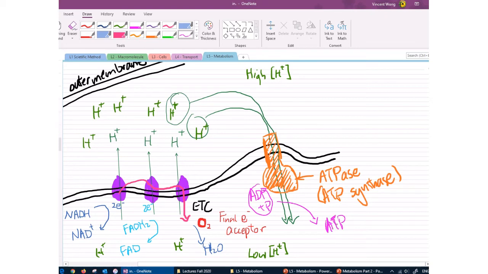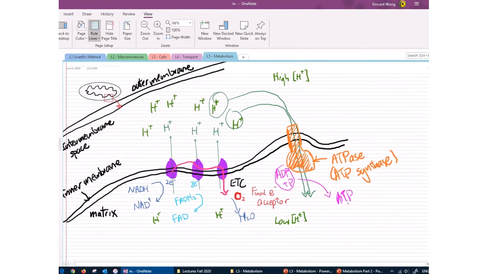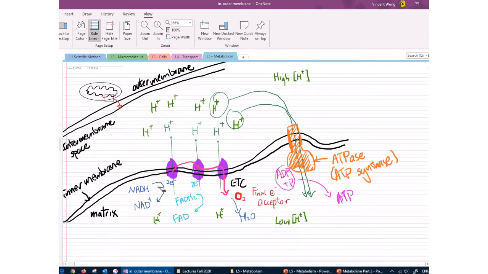So how many ATPs are you going to be able to create? Well, if you're looking at the NADH, then it is going to be able to pump enough H plus to create 3 ATP. Whereas the FADH2, because they deposit the electron at a later point, will only be able to pump enough H plus to create 2 ATP. So 3 ATP per NADH, and 2 ATP per FADH2.